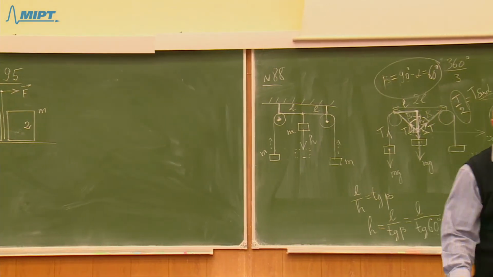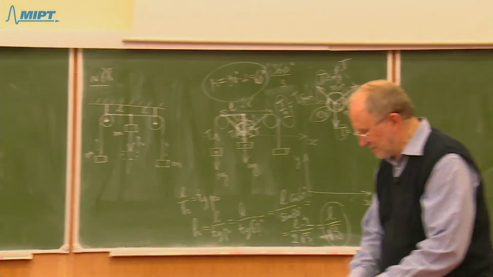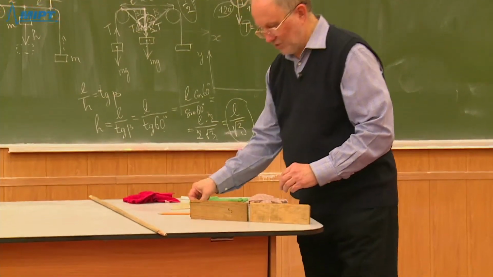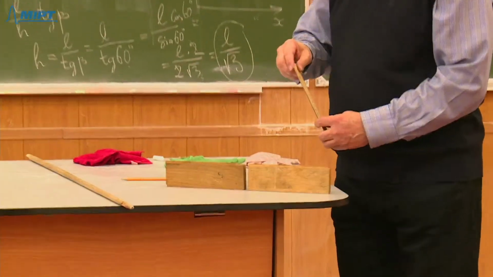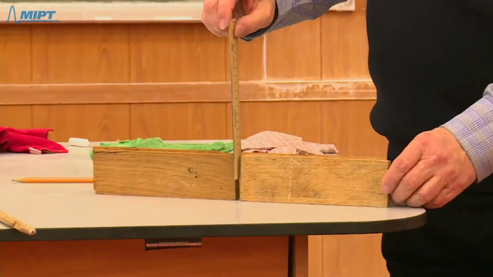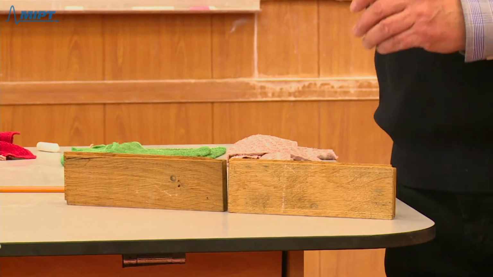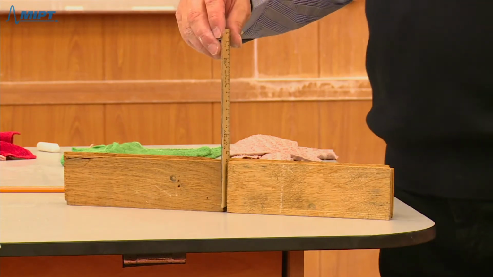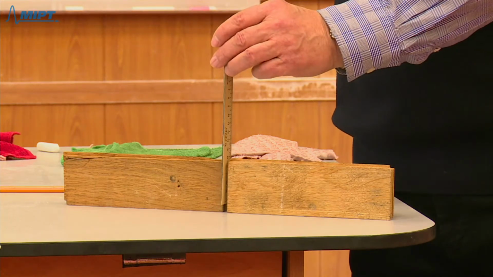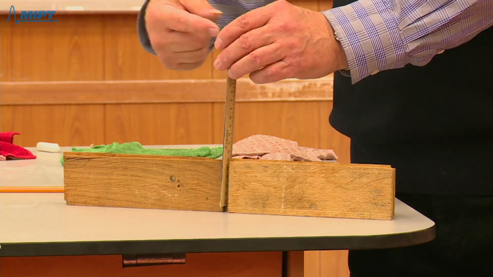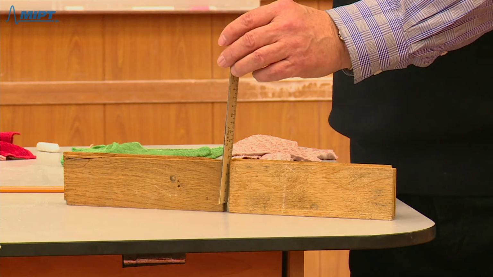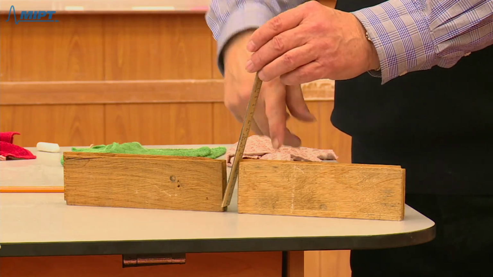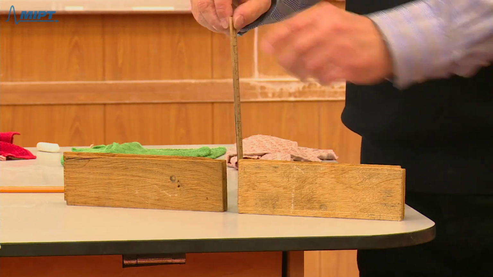Well, I will show you the experimental realization of this problem. Here we have two bars and the rod, which will be just a ruler. If I push the rod to the left, then this bar moves.